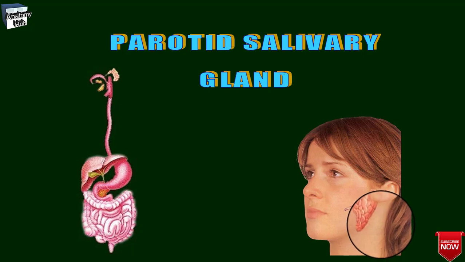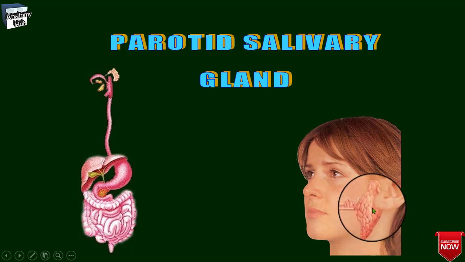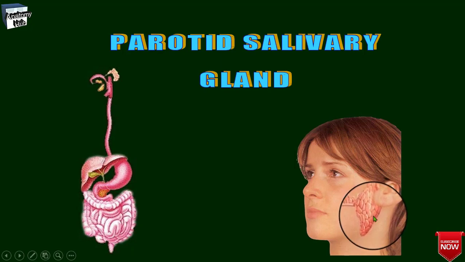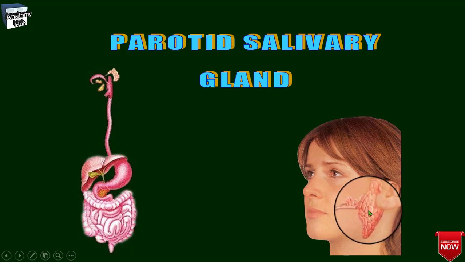In this video we will focus on the parotid gland that you can observe here, and we'll discuss a little bit of its embryology, gross anatomy and related structures, some histology, neurovascular supply, and lymphatic drainage.